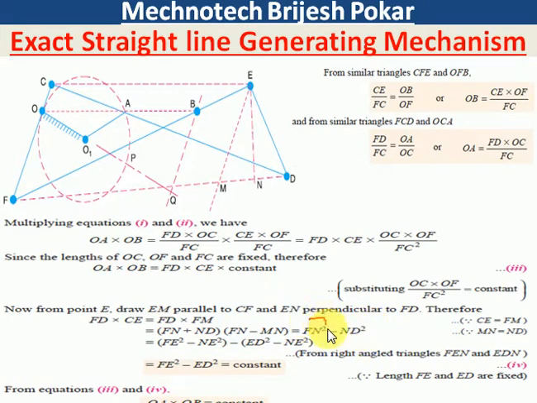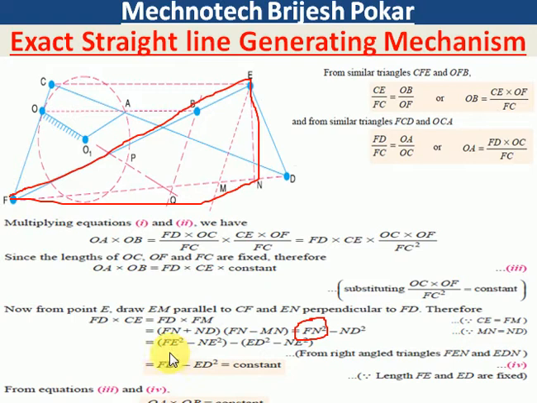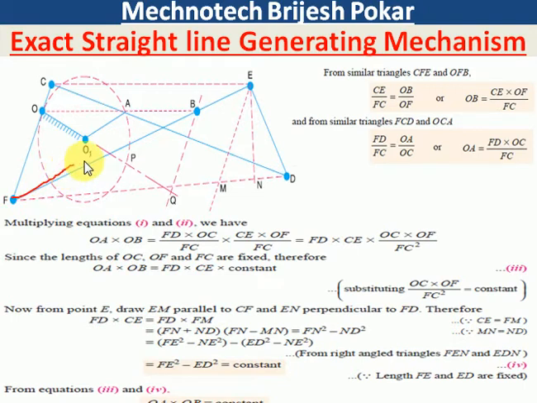Again FN square, based on this triangle, is equal to FE square minus NE square. Same way, ND square is equal to ED square minus NE square.